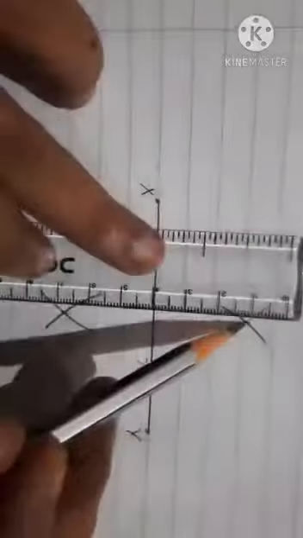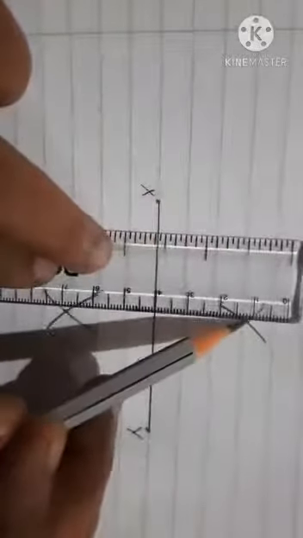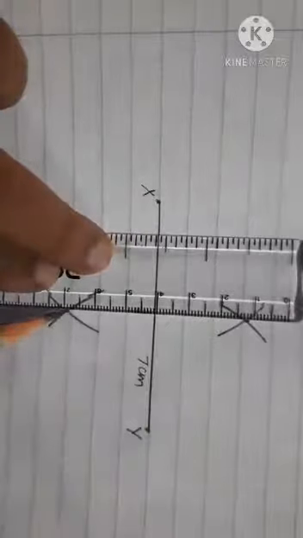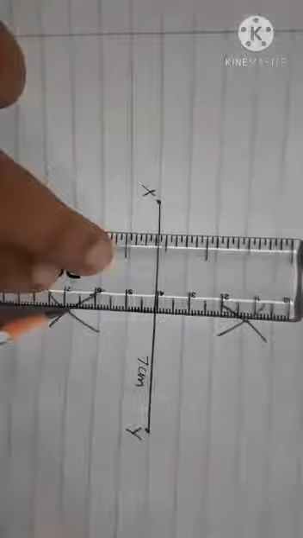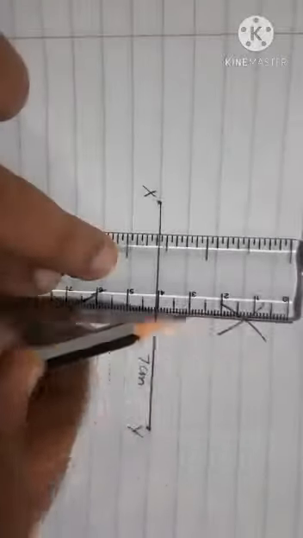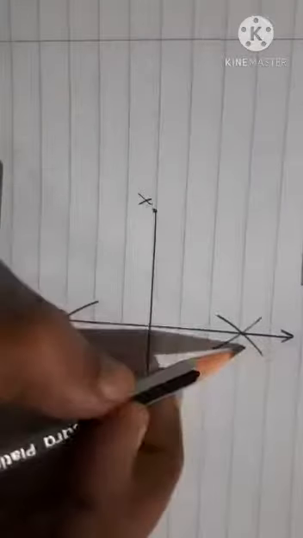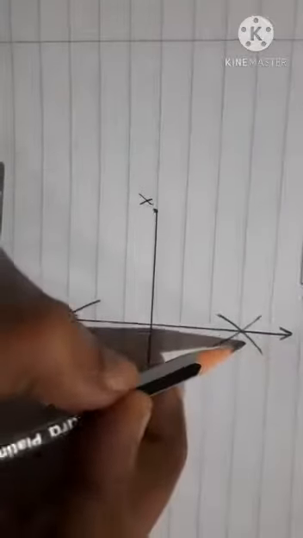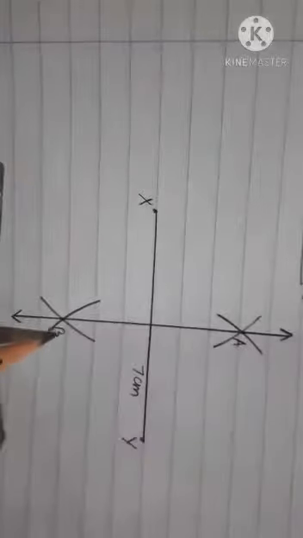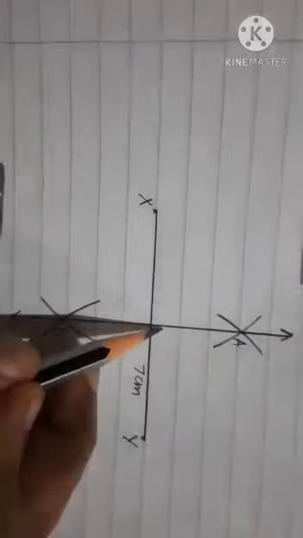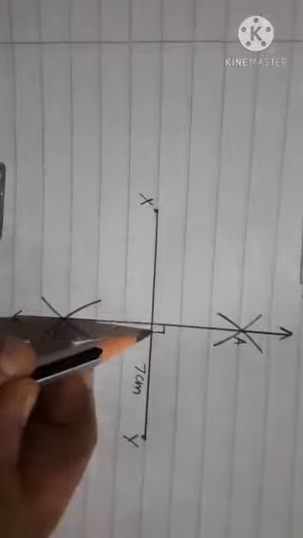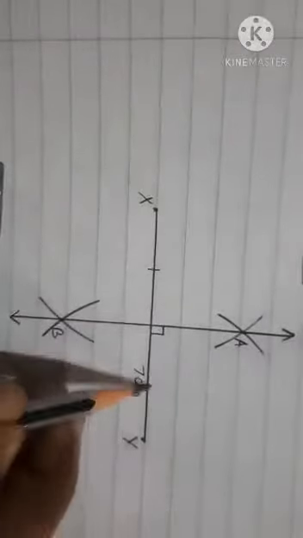Now take your scale and join these 2 points with a straight line. Put arrow marks, and here you can label it as A, B.